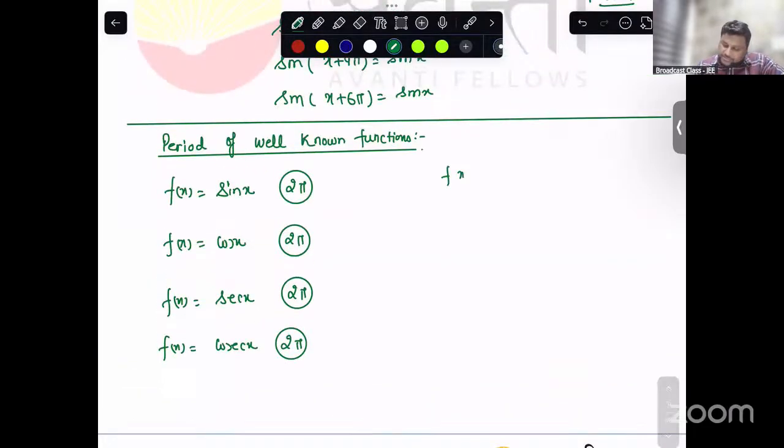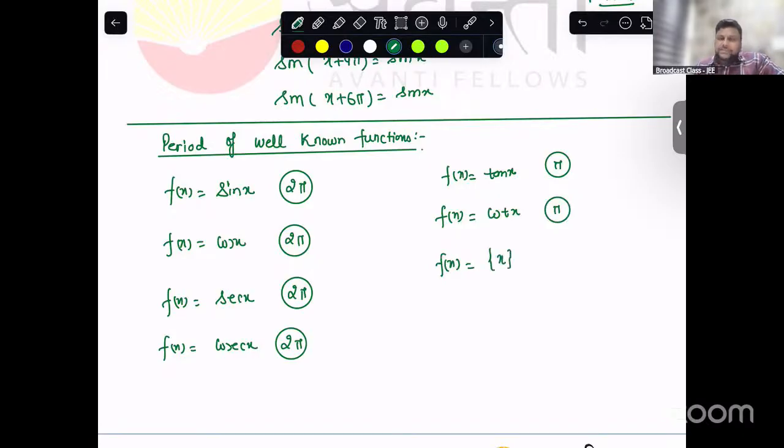Then there comes f(x) equals tan x, periodic with period pi. f(x) equals cot x, periodic with period pi. So tan x and cot x are periodic with period pi. Then another function you are aware of is the fractional part of x. Do you remember this function? Periodic with period 1.